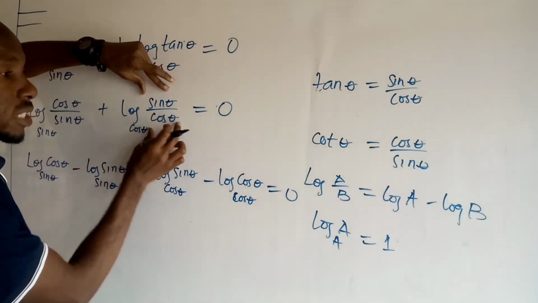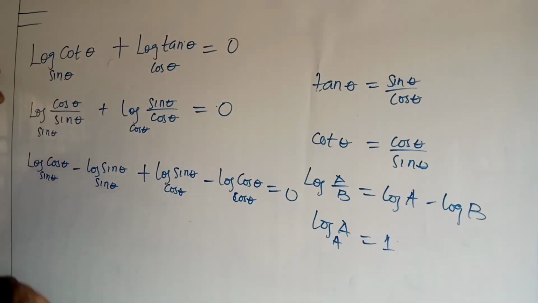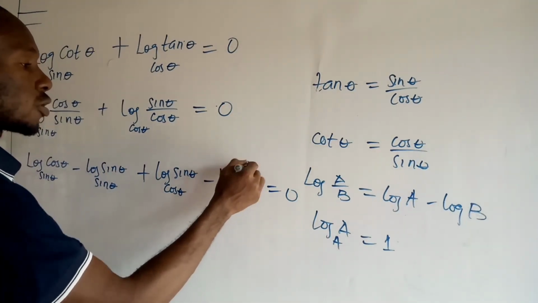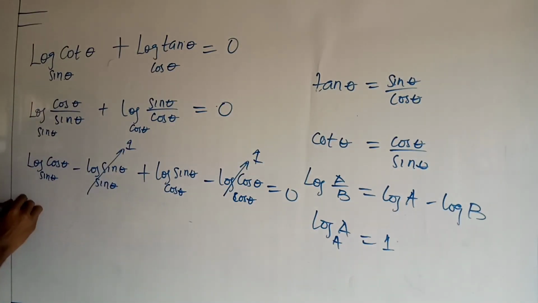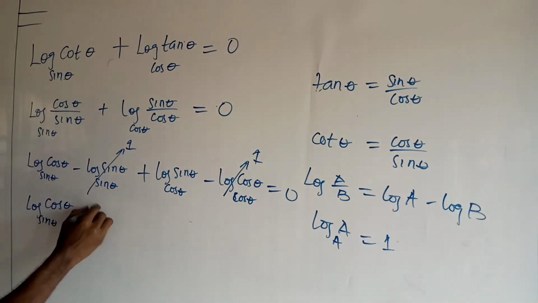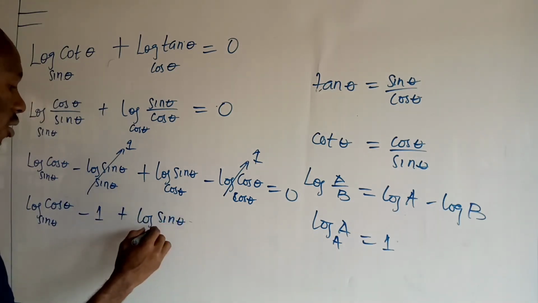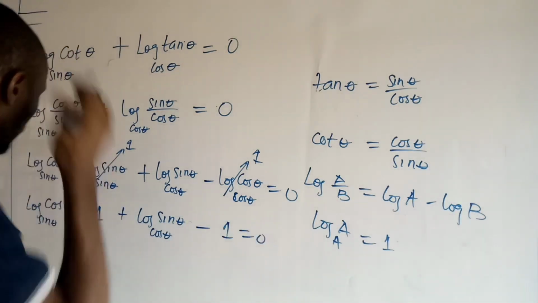I just split all these from this law. Now remember that log sine theta base sine theta is going to become 1 and log cos theta base cos theta is going to become 1. So from here I have log cos theta base sine theta minus 1, plus log sine theta base cos theta minus 1 equal to 0.